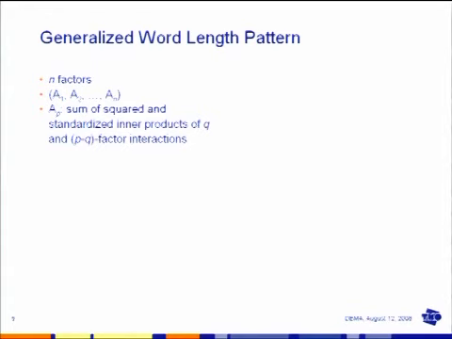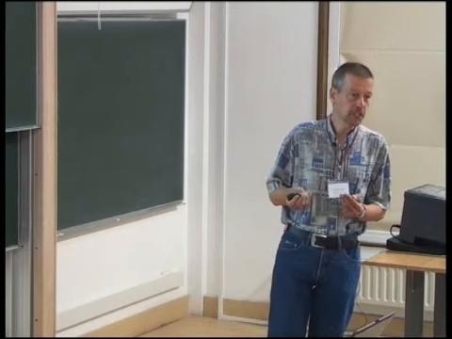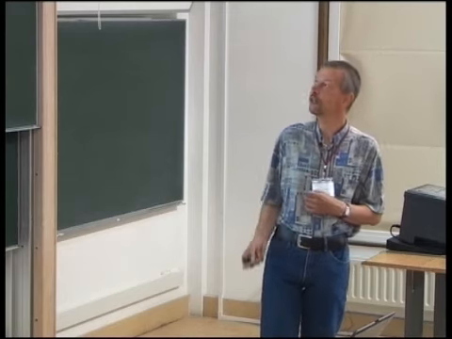So, for example, if you look at the third position and consider the meaning of the figure at that third position, it tells you something about the aliasing of, for example, the main effects and the two-factor interactions, because the main effects are of order 1, the two-factor interactions are of order 2, and together they make up the 3, and the 3 corresponds with the third position of this vector.